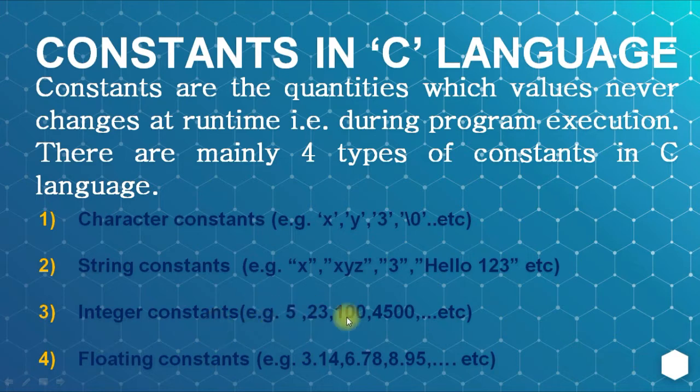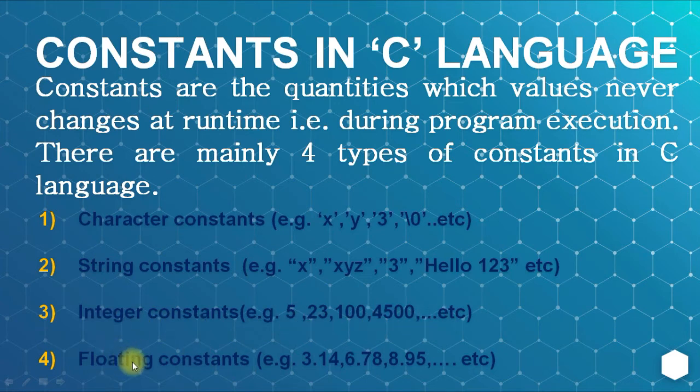Next one is integer constants. Any numeric value without any fractional part, means only the integral part is there, is known as an integer constant. For example, 5, 23, 100, 4500, etc. It contains only the integral part, no fractional part.